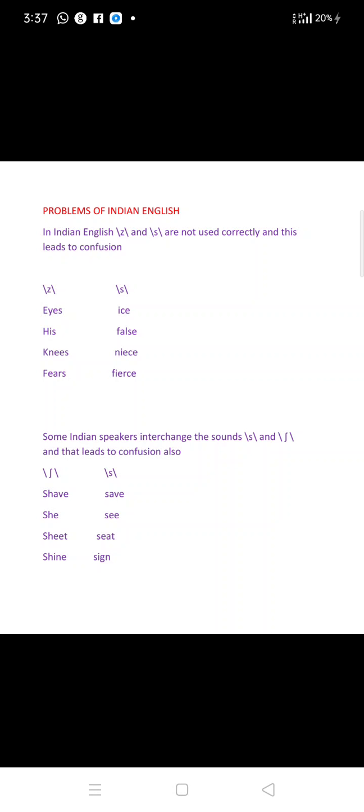Now, as we are not native speakers, there are some mistakes that we usually make while speaking English, generally regarding pronunciation. In today's class we are going to discuss the problems that generally Indian speakers face while interacting with other people.